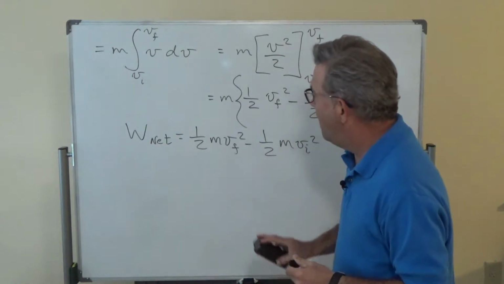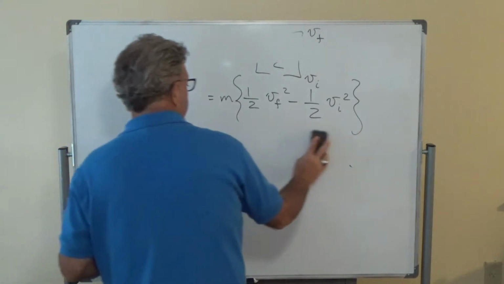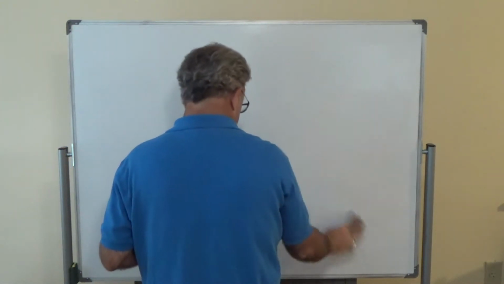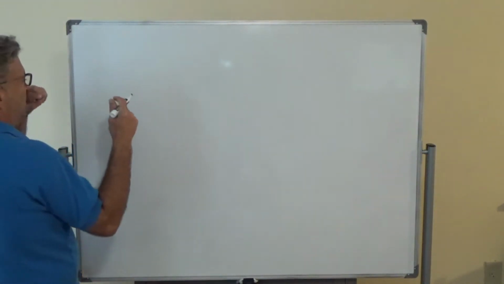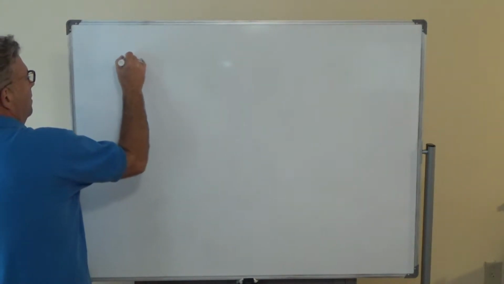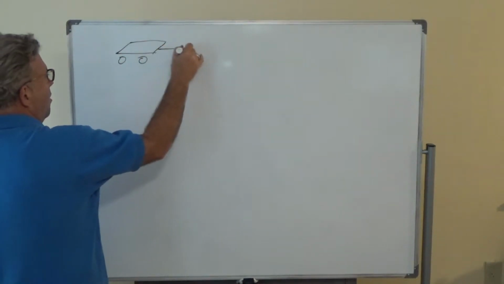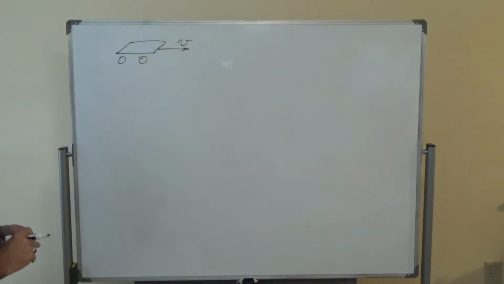So let's look at an example. I'll just do this example in general. Here we have a car traveling at some velocity v.